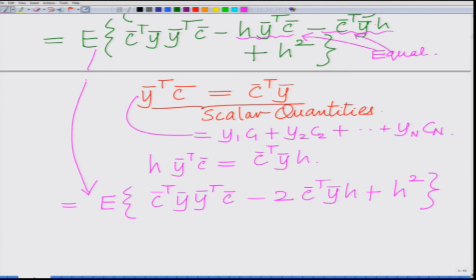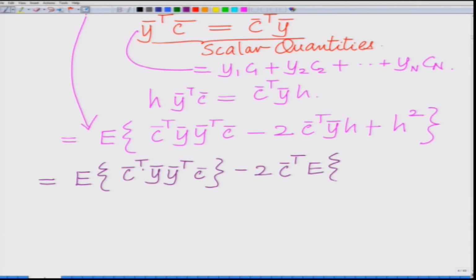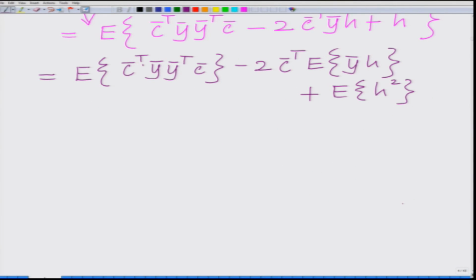Now, we will take the expectation operator inside, taking term by term expectation, that is the expected value of C bar transpose Y bar Y bar transpose C bar minus twice C bar transpose expected value of Y bar H plus expected value of H square.